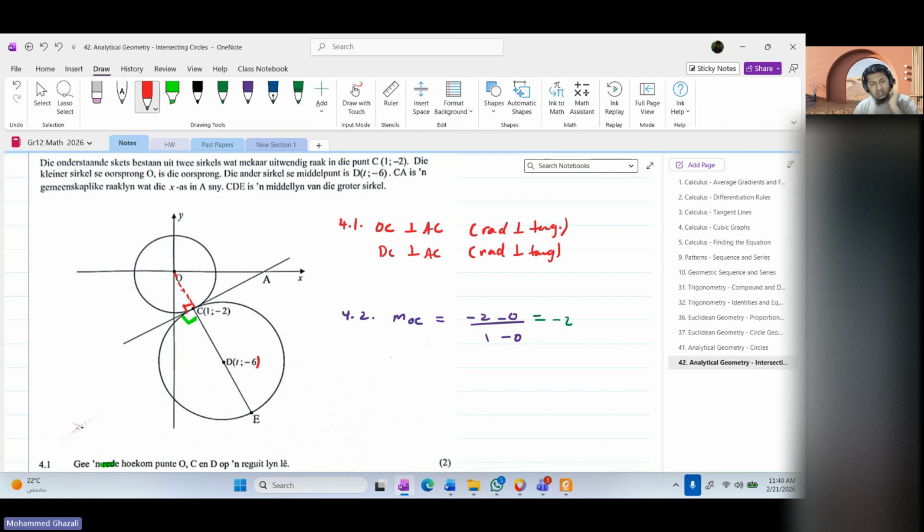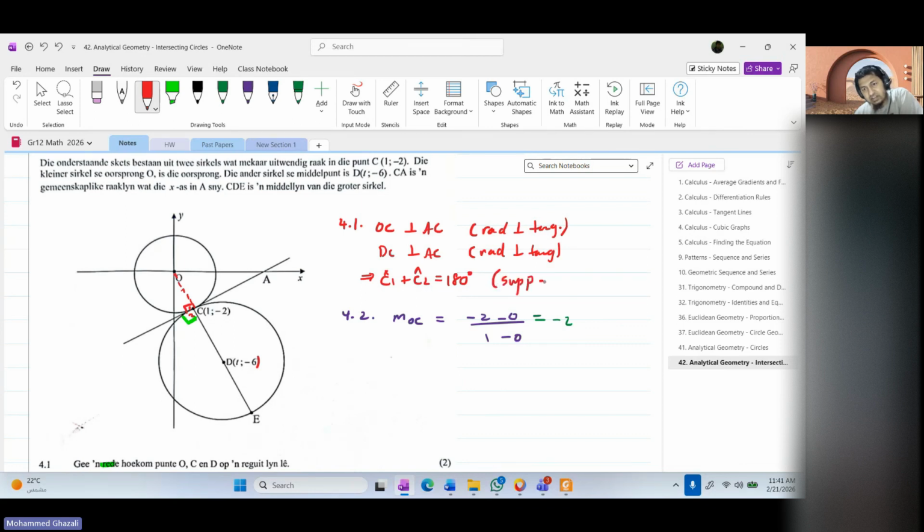OCD is a straight line because you've got supplementary angles. You've got 90 plus 90. So angle C1 plus angle C2 is equal to 180 degrees, supplementary angles.